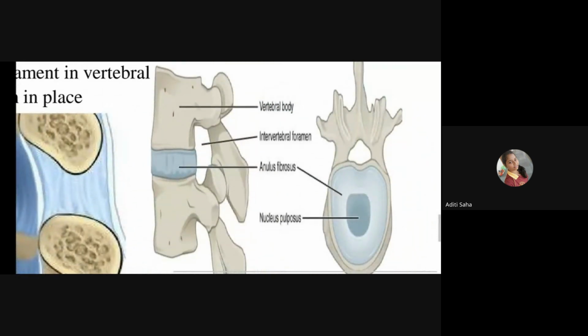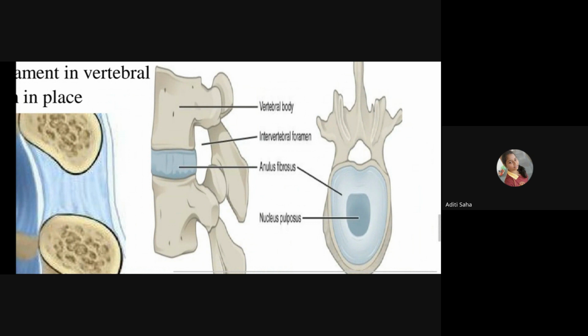Yes, okay. Here you can see that a central portion is highlighted, that is the nucleus pulposus. It is a jelly-like structure present in each vertebral disc. And this nucleus pulposus is covered by the annulus fibrosus, which is the fibrocartilage.